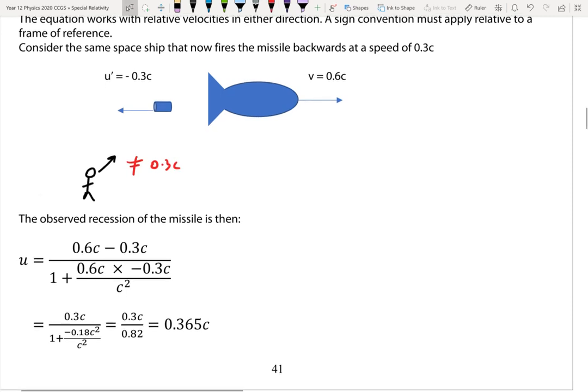Okay, the numerator is 0.3c. That's just basic maths. I know, but not when you're traveling really fast. So the relativistic effects mean the spaceship still sees that the traveling away velocity is actually 0.365. Okay.